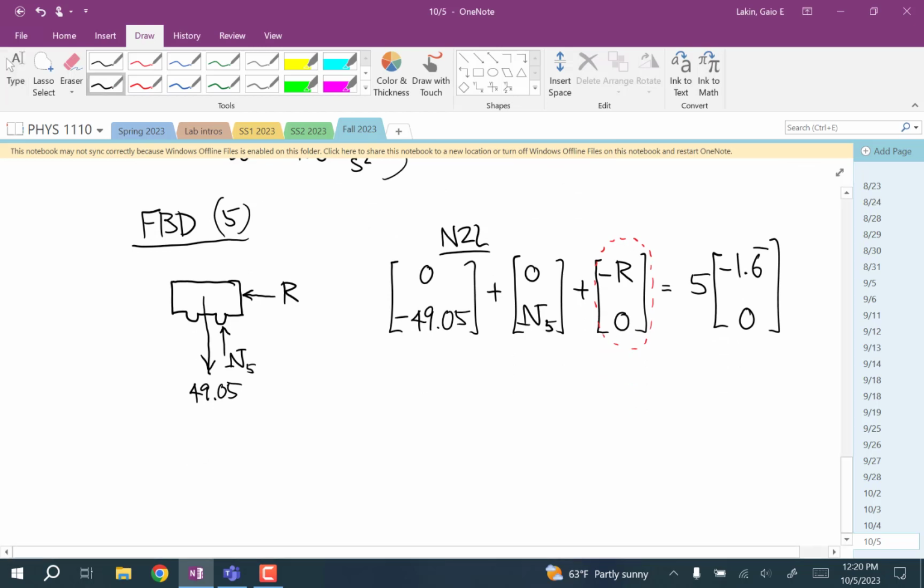So you get two equations out of this. The x equation says 0 plus 0 minus R is equal to 5 times negative 1.6 repeating, which is negative 8.3 repeating. And then the y equation says negative 49.05 plus N5 plus 0 is equal to 5 times 0.